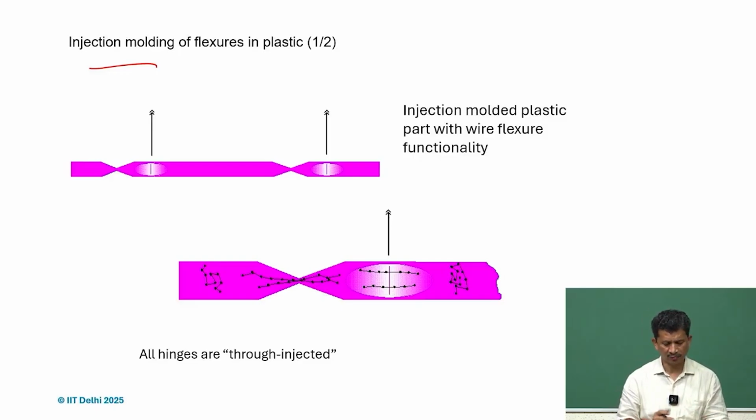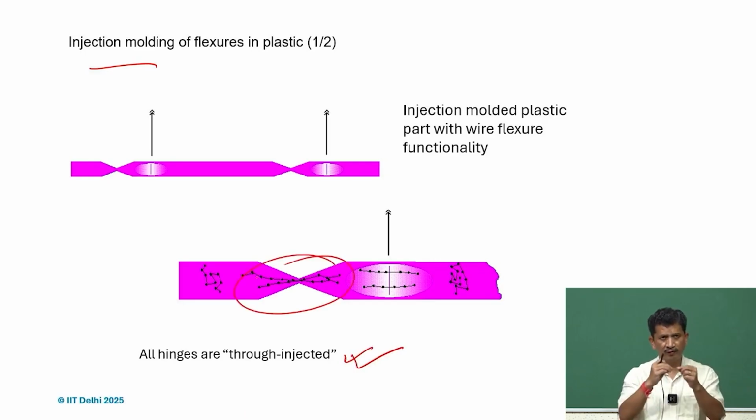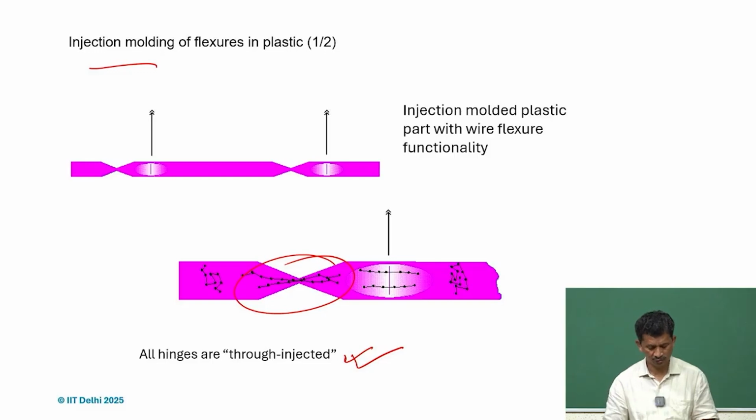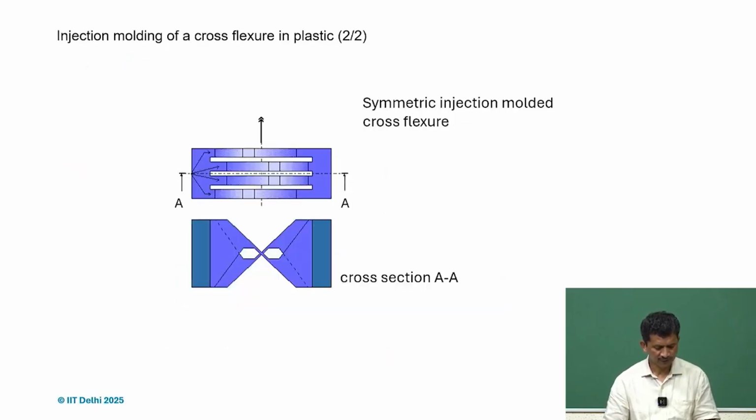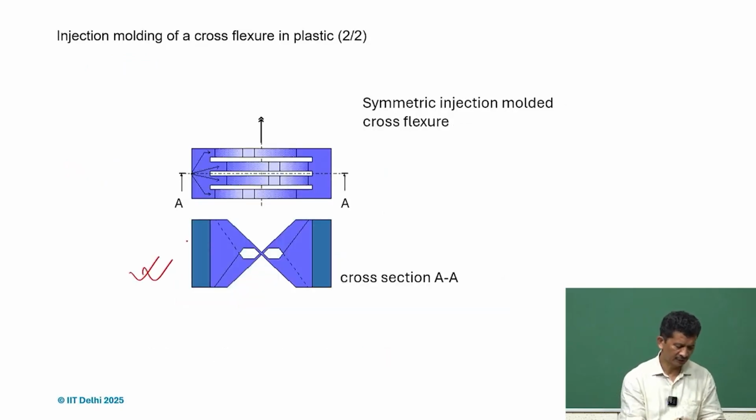And what one has to be careful about is that it is injected through, so that we get this fiber alignment. It should pass through one direction and reach the other side, so that the length of the polymer chain should be along the hinge.